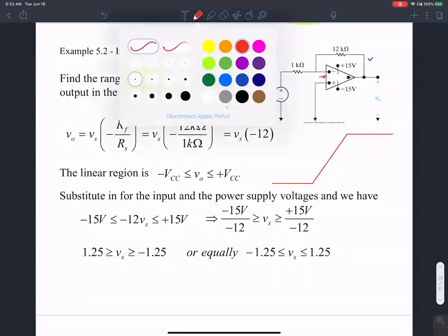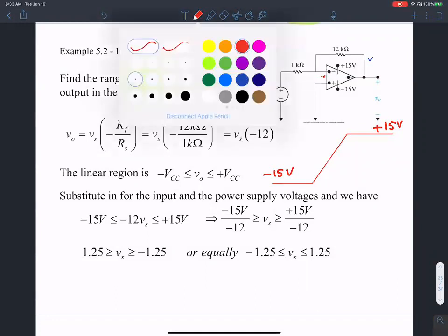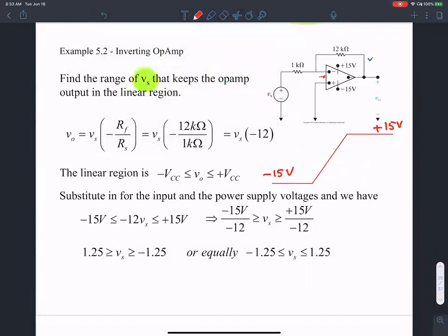The output is going to saturate at the ceiling, which is 15 volts, and the negative power supply, which is negative 15 volts. That's going to be the range of the output. The output is going to range from negative 15 to positive 15.